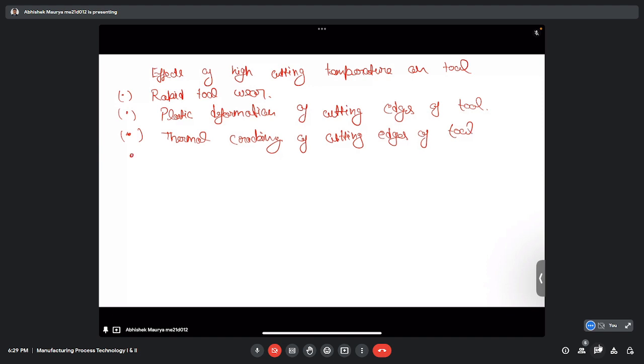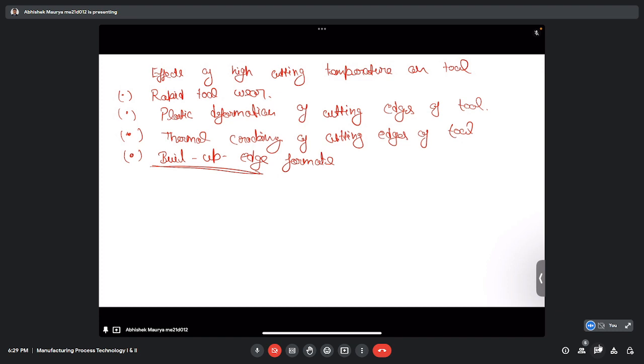And one more effect which adversely affects the tool life is called built up edge formation. We will discuss this built up edge more thoroughly in the next question, so I will skip it here.